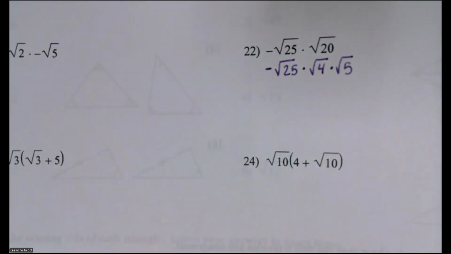Okay, what does that get for us, guys? Negative 5 times 2, negative 5 times 2 times root 5.